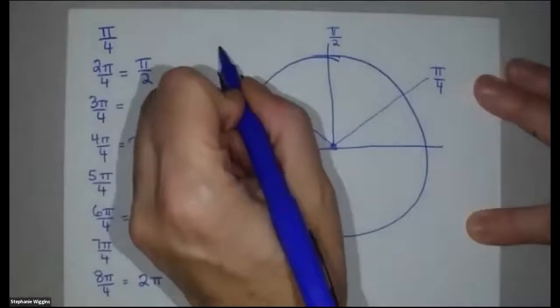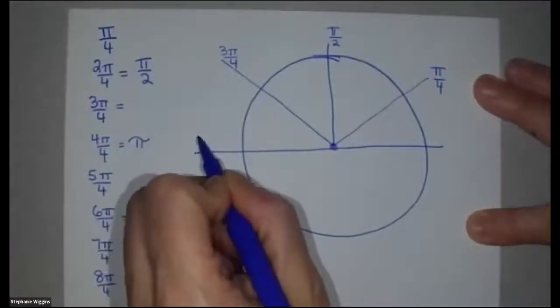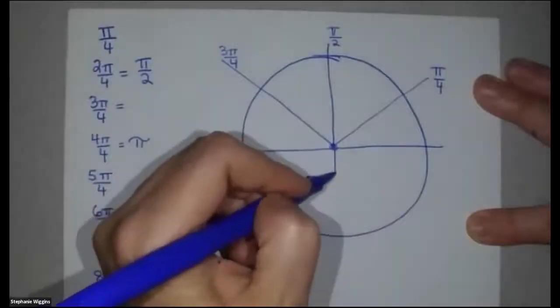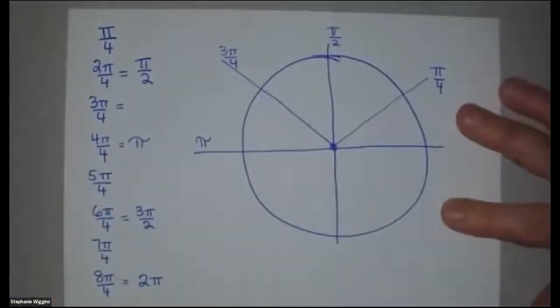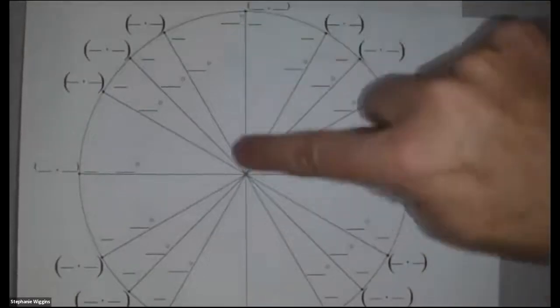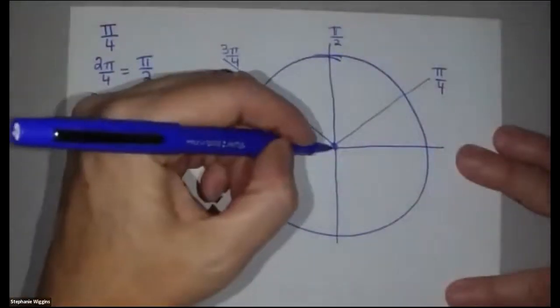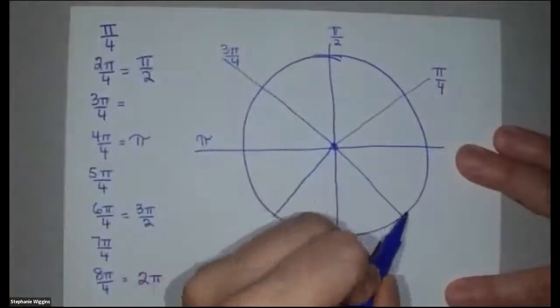Then 3 pi over 4. Then pi. I'm doing this on this sheet of paper because there's so many lines on this sheet that I don't want to look at them all at once, okay? I'm just now looking at these quarter angles, okay? That's what I'm doing right now. So that's why I've drawn it like this, just so you can focus on just those angles.